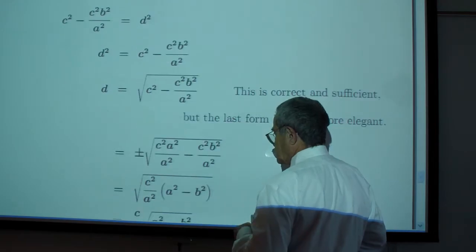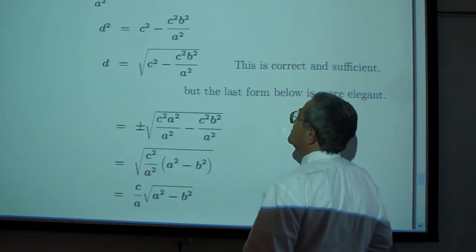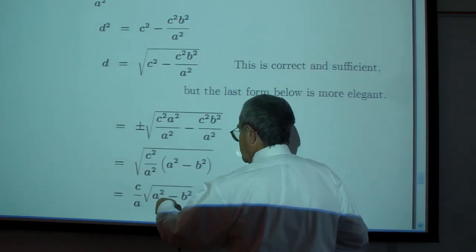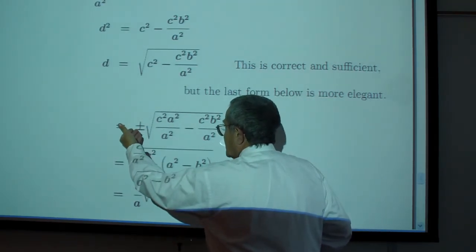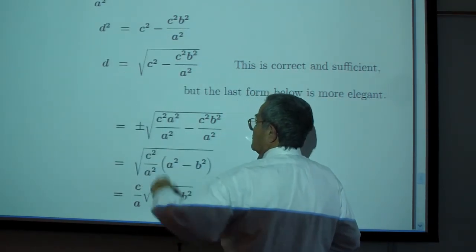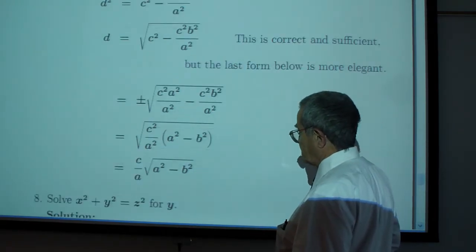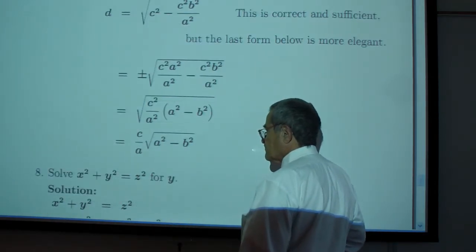You could write it this way, but I suppose that is probably a better way. No, maybe not. C over a, and then the square root of a squared minus b squared. Plus or minus, again, I dropped the negative for practical reasons. D is probably not a negative number, but I suppose I should have kept plus or minus.